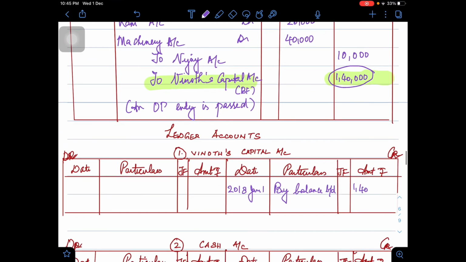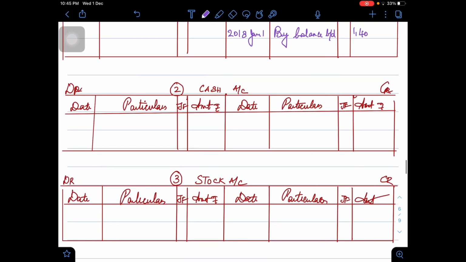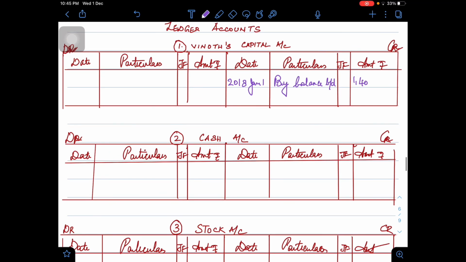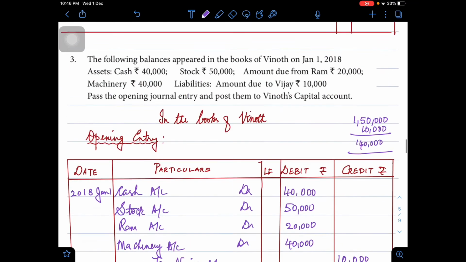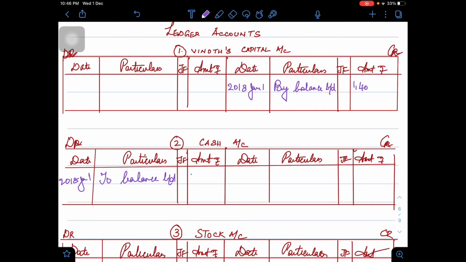Next, the problem asks you to prepare a ledger only for Vinod, but I would like to show how it may appear in other accounts. So quickly we'll see. Cash I have opened. So in cash, again 2018 January 1, all assets will take a debit balance, students, and the amount of cash is rupees 40,000.